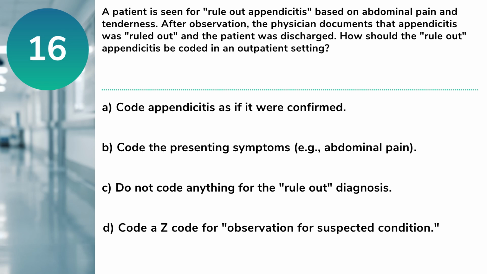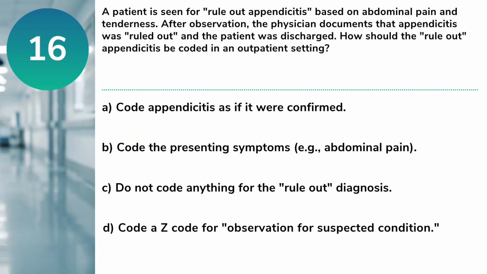Question 16. A patient is seen for rule-out appendicitis based on abdominal pain and tenderness. After observation, the physician documents that appendicitis was ruled out and the patient was discharged. How should the rule-out appendicitis be coded in an outpatient setting? A. Code appendicitis as if it were confirmed.